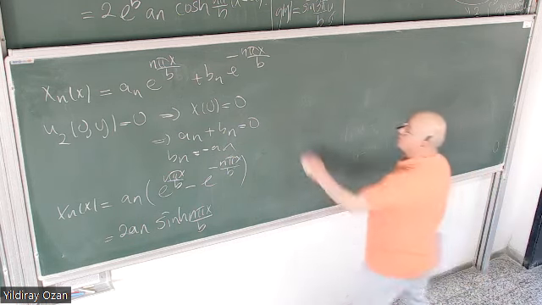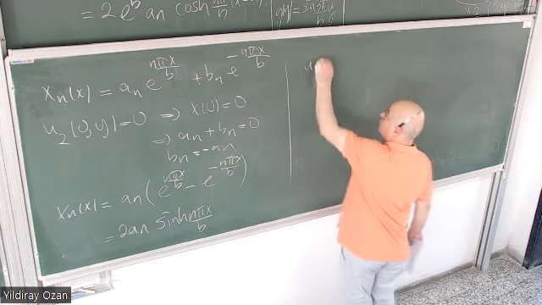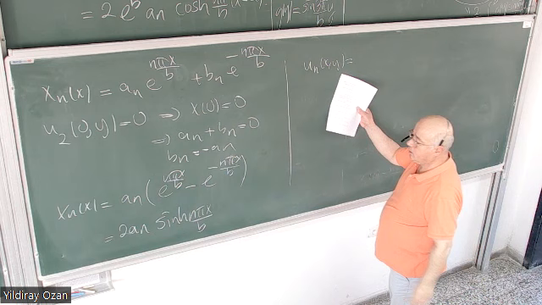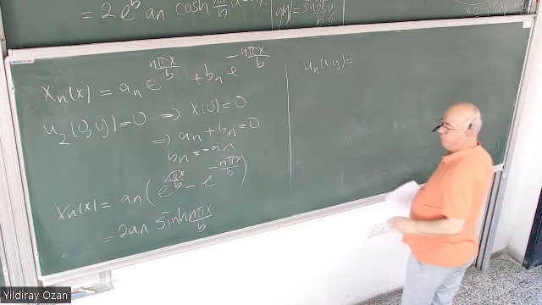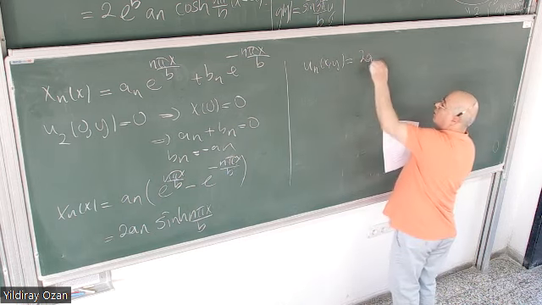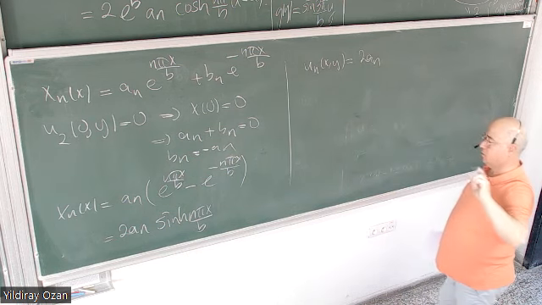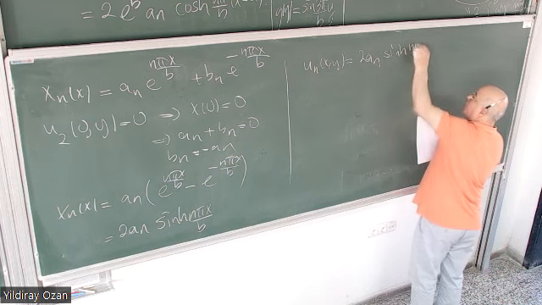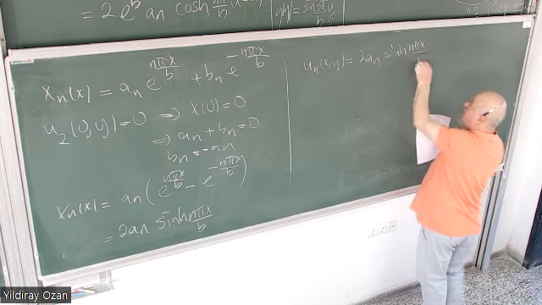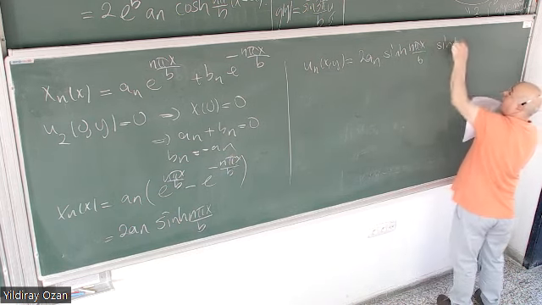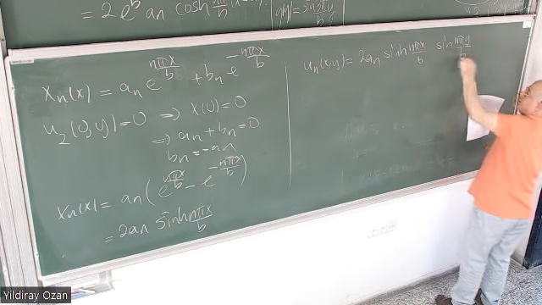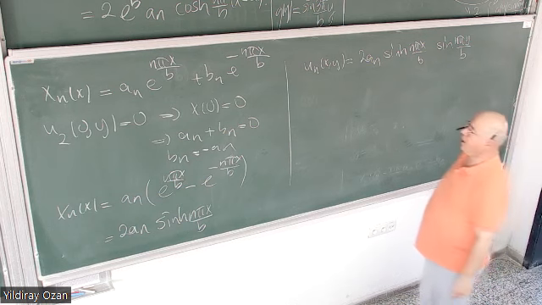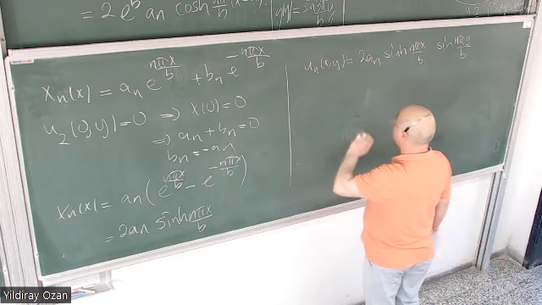Okay, so what is u_n(x,y)? It is x_n of x and y_n of y, so sine hyperbolic n pi x over b and sine n pi y over b. And then we have the last condition.